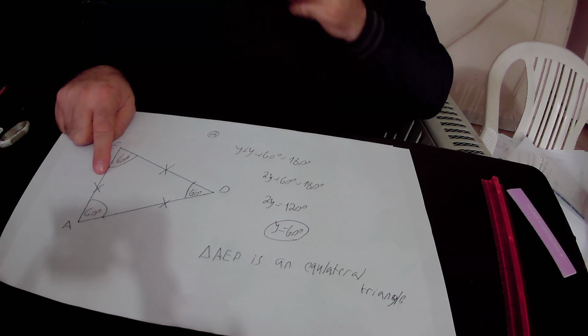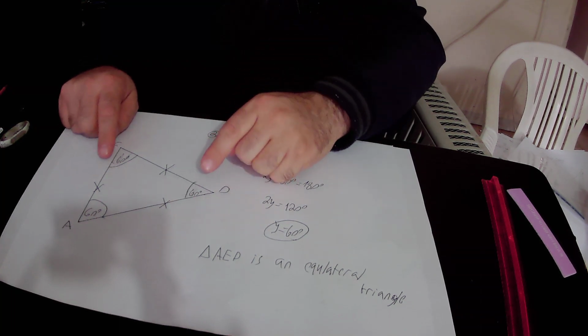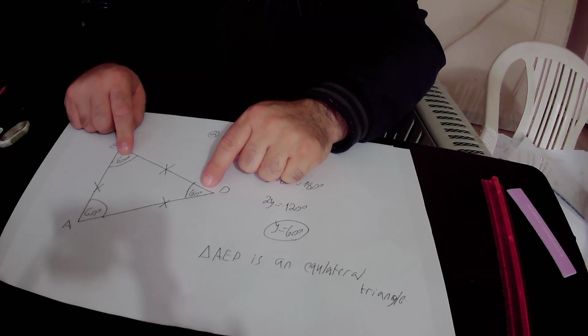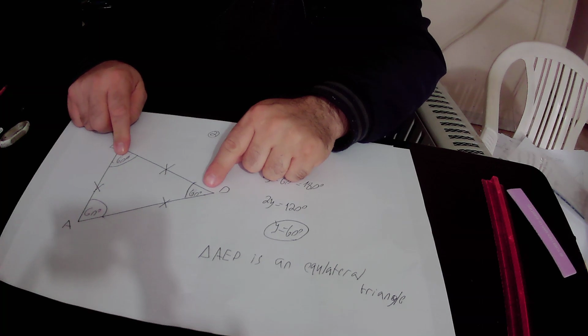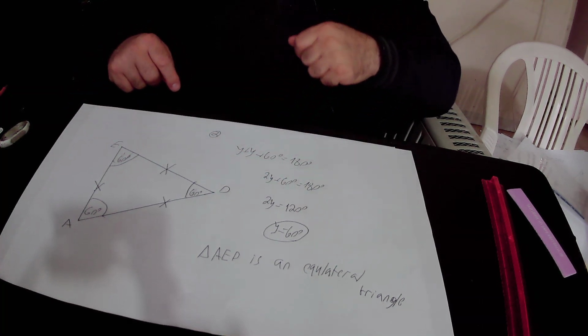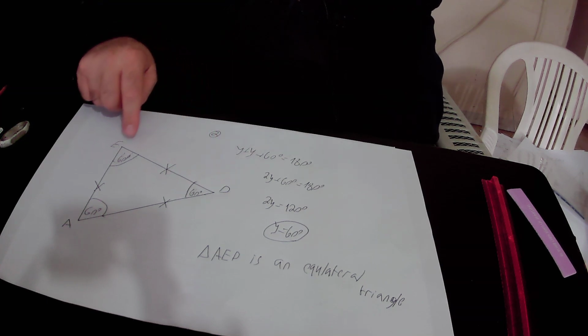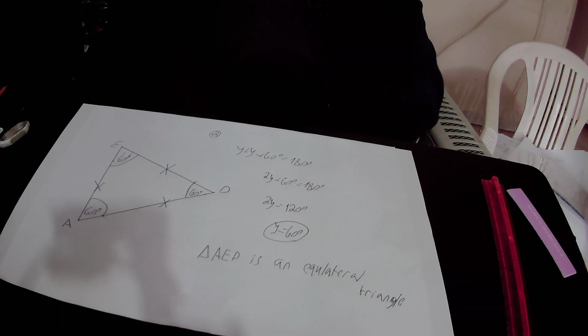According to the rule that opposite equal sides in a triangle have equal angles, it means that those two angles located opposite the equal sides AE and AD must also be equal to each other. So if this angle is y, this angle will also equal y. So those two angles are both equal to y, and we know that the sum of the angles in any triangle is equal to 180 degrees.